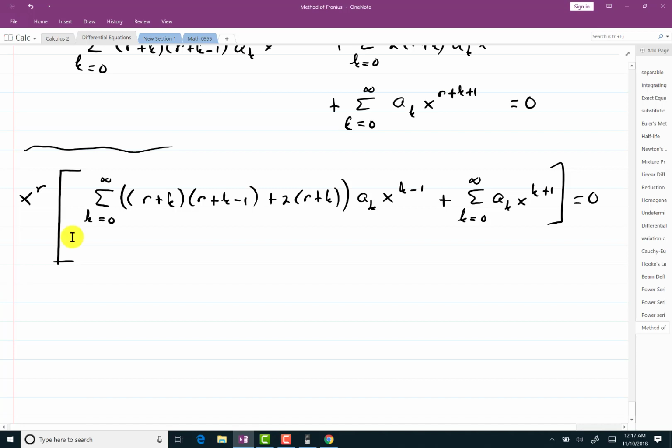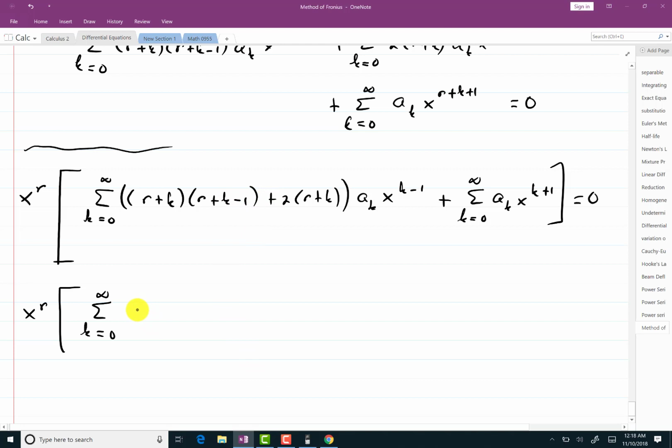As before, you'll probably notice that you can factor out an r plus k from these two pieces. And when I do that, I'll be left with r plus k minus 1 plus 2, so that will give me an r plus k plus 1.